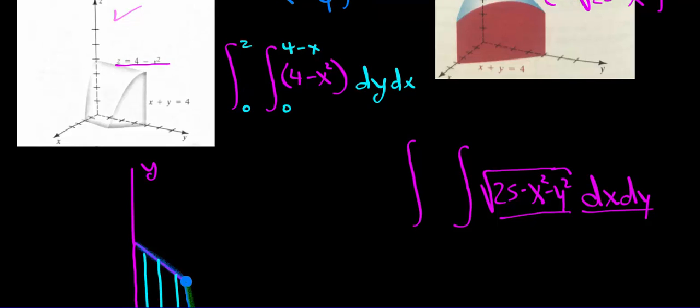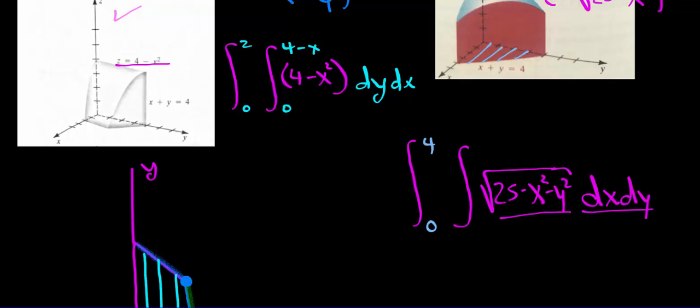Now I'm integrating with respect to x first, so I'm going to just step back here and say, okay, what is y doing? So if I fix y, for all these values for y, I'm just coming across here and hitting this thing. And in fact, y is going from 0 to 4. Okay. I got into where I do the outside one first.